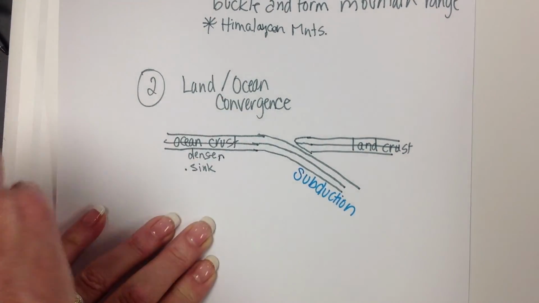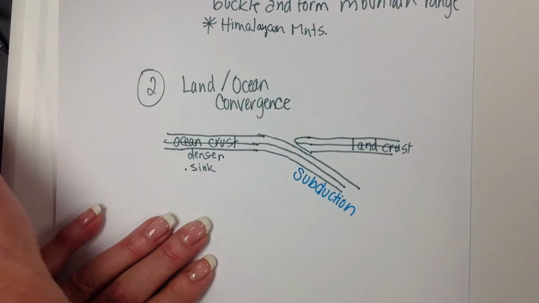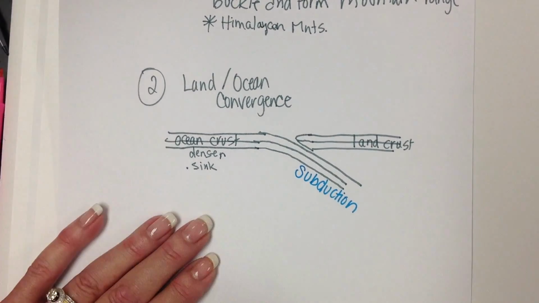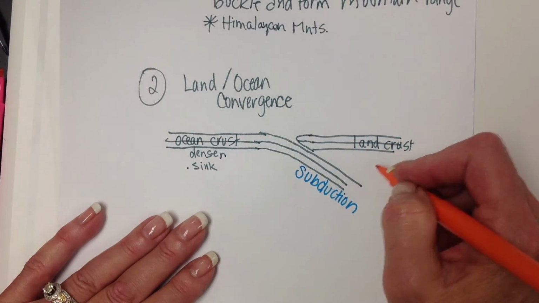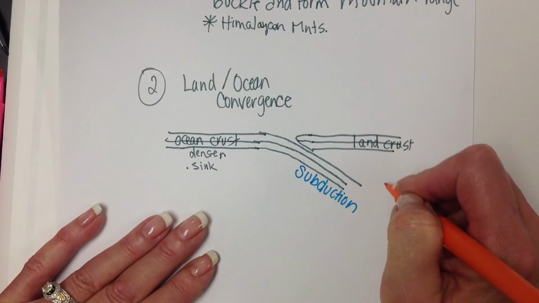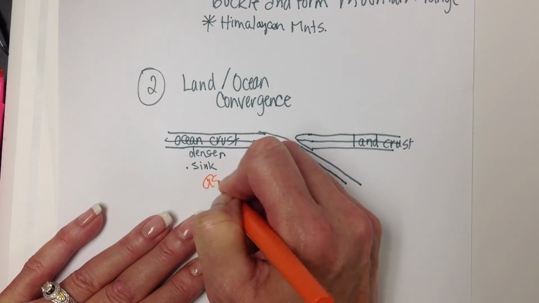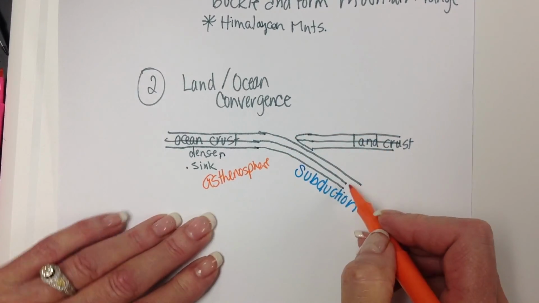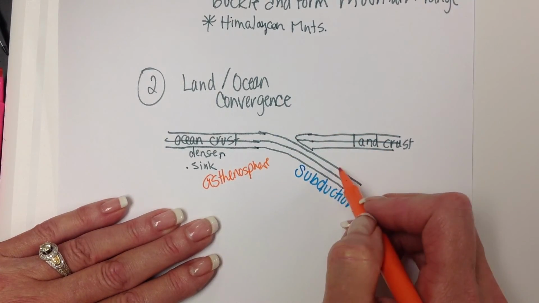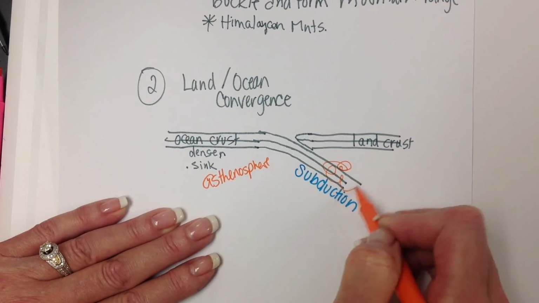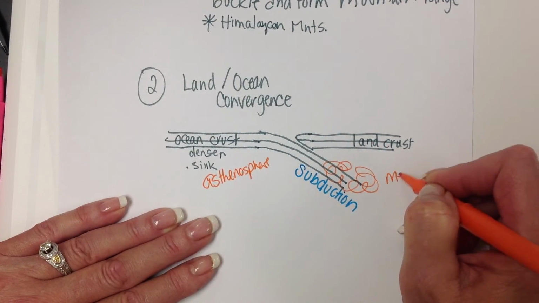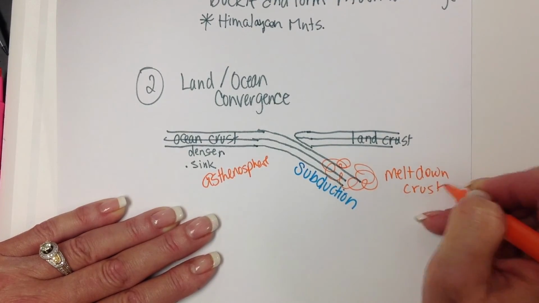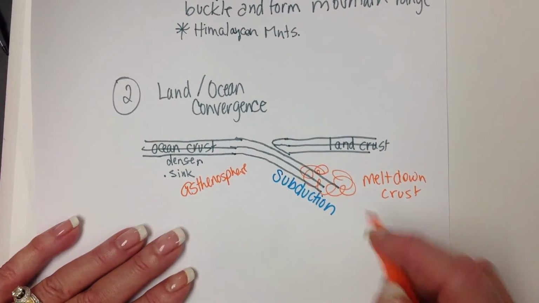Now, remember what's beneath the crust. Beneath the crust is that ooey gooey molten rock, the asthenosphere, right? That's got that molten magma. So this is the asthenosphere. So at this point, as it subducts, it's going to be in that ooey gooey molten part, and it's going to start to melt. So it's going to melt down the crust, right? It's going to become ooey gooey molten rock as well.